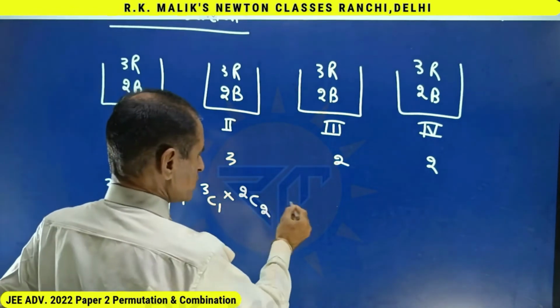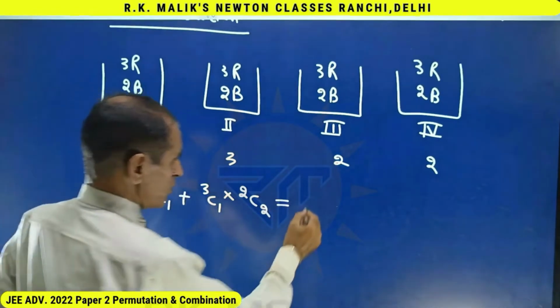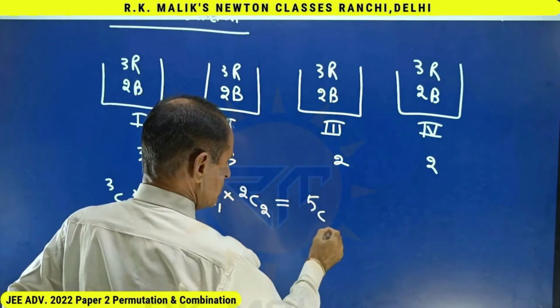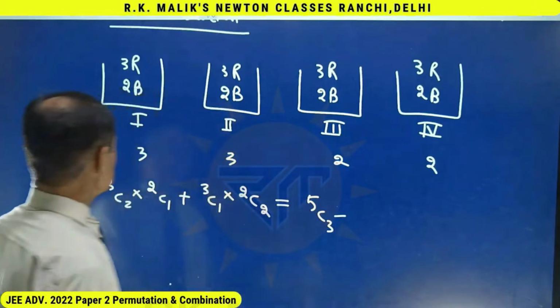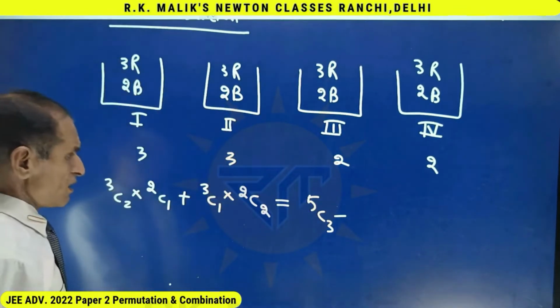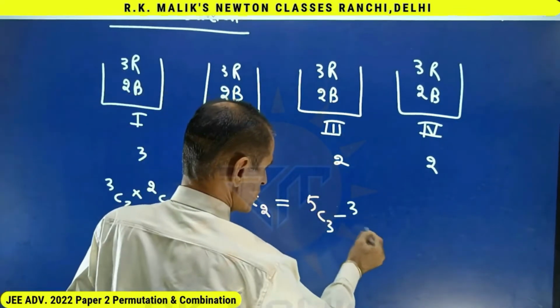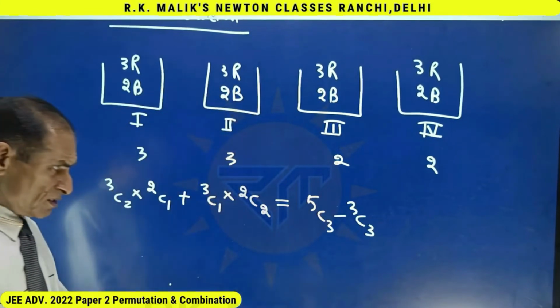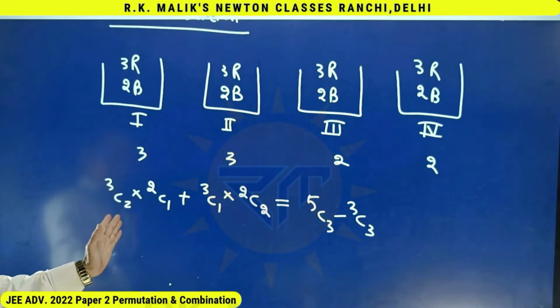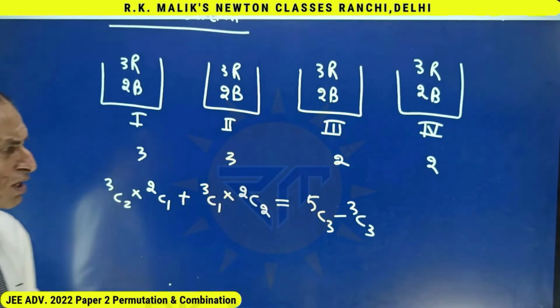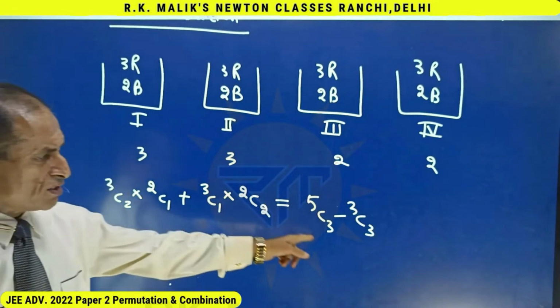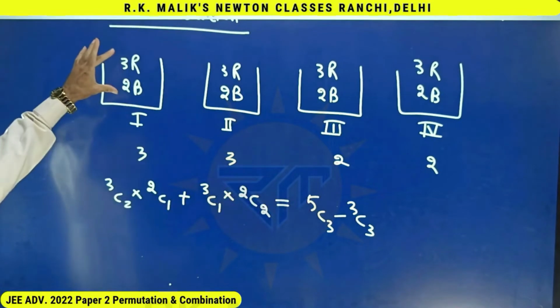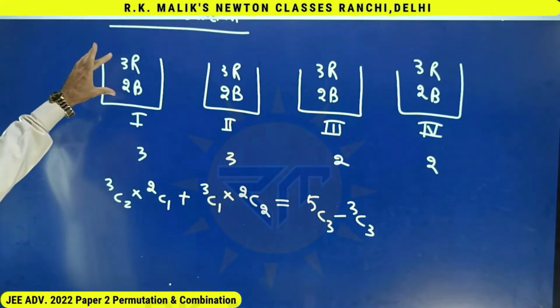Agreed, it is correct, but the better way of saying the same thing is any 3 from 5, but rejecting that case when all the 3 are red, that is 3C3. Whether you write this or this, both are the same. 5C3 means out of these 5 balls, any 3 have been chosen.